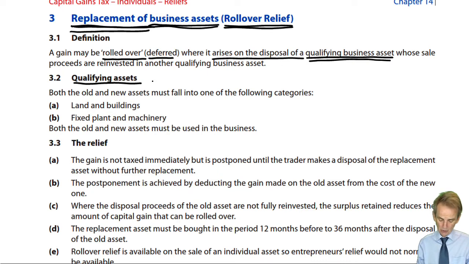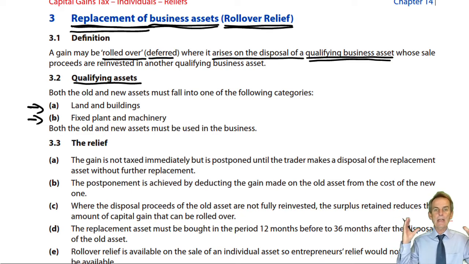And by far the most likely category is property, land and buildings used within the trade. Used within the trade. If we have an investment property, then this relief is not going to be available. It is for trading assets, assets used within the trade. So land and building is the most likely one. And the only other one that we need to be aware of, so far as our syllabus is concerned, is something called fixed plant and machinery. So it's not movable, it's fixed plant and machinery.